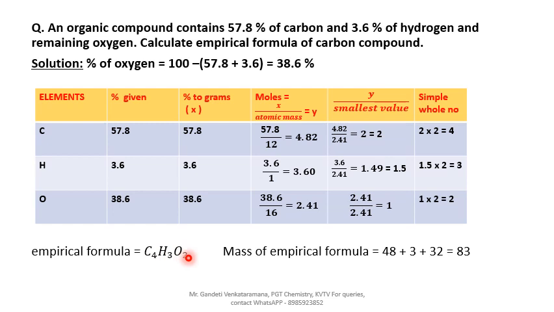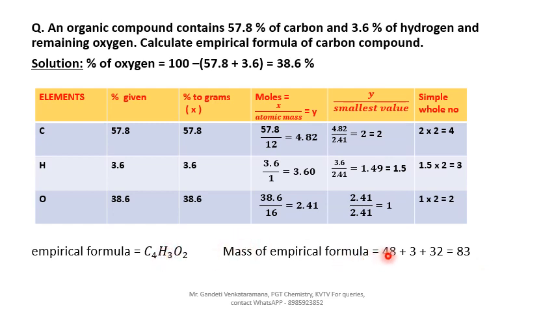One more question. For example, same question, I can extend the question. Calculate the empirical formula of the carbon compound and calculate the mass of the empirical formula. There is a possibility. Okay, how to calculate the mass of the empirical formula? Whatever formula you are getting, just carbon 12, you know, 12 into 4, 48, plus hydrogen.